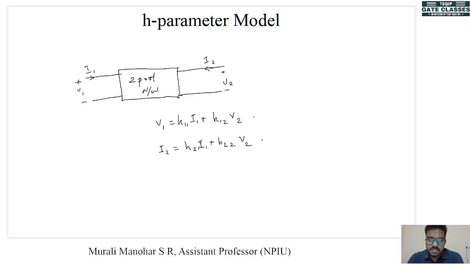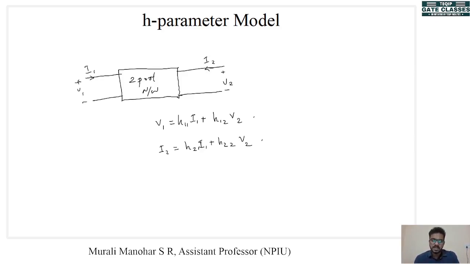Now the question is, we already have a model, that is the RE model, then RPi model. Then why do we need a new parameter model, that is the H parameter model or hybrid equivalent parameter model? Now this RE, which is extensively used in the industries, has a problem.